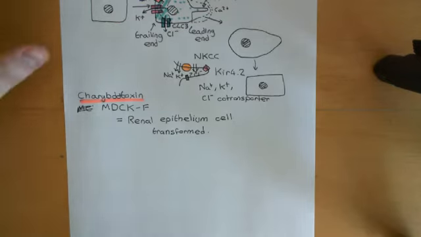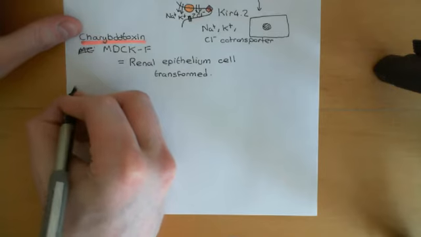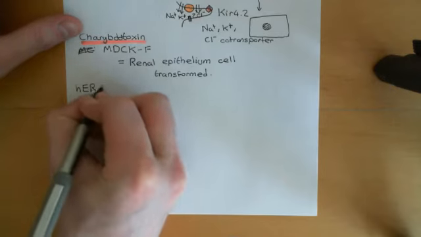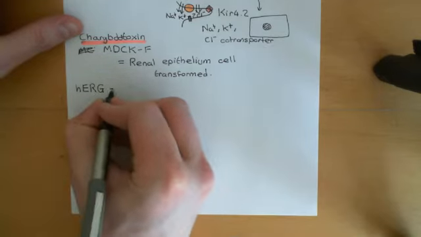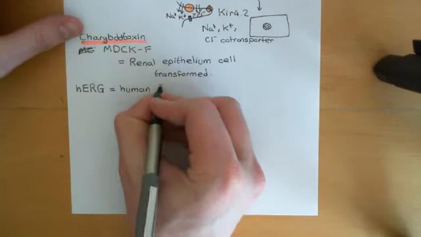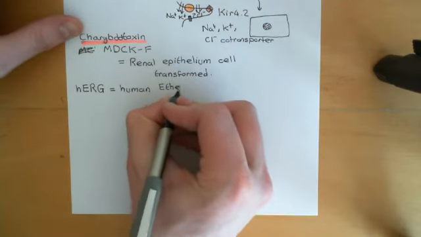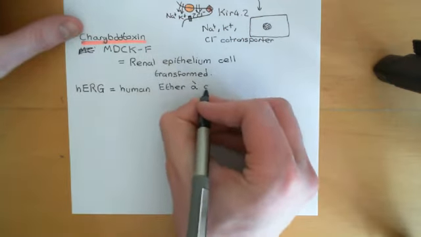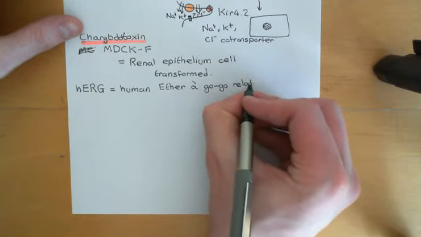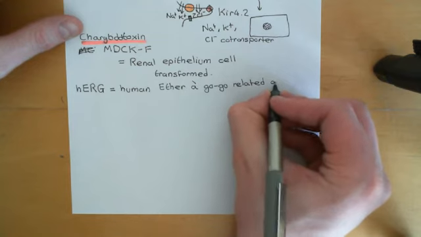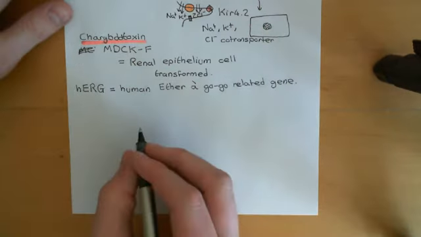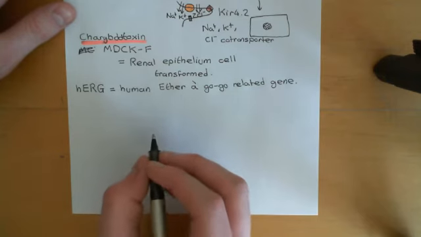The next one I want to talk about is what's known as the HERG channel, which is an extremely famous channel in pharmacology. What does this stand for? It stands for the human ether-a-go-go related gene. Basically this is a channel that is a homotetramer of 4 HERG subunits.